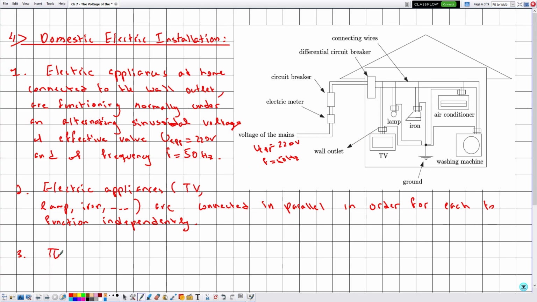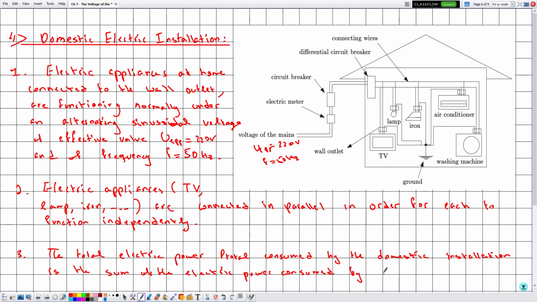Then the total electric power, P total, consumed by the domestic installation is the sum of the electric power consumed by each electric appliance.